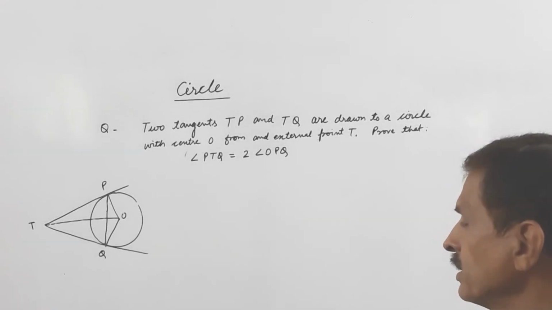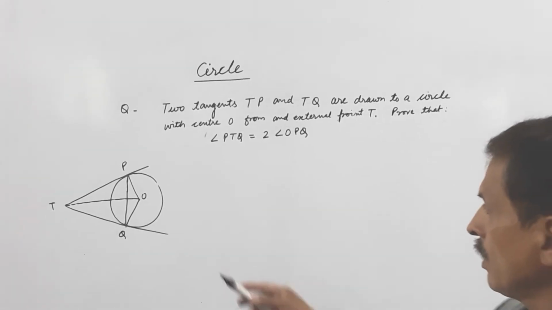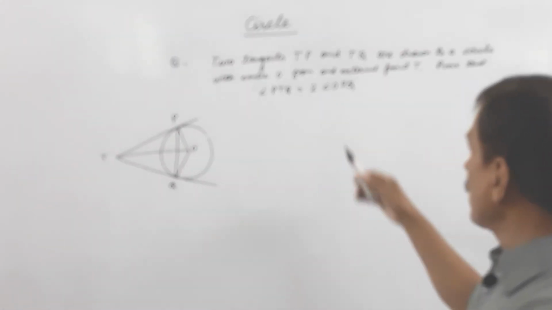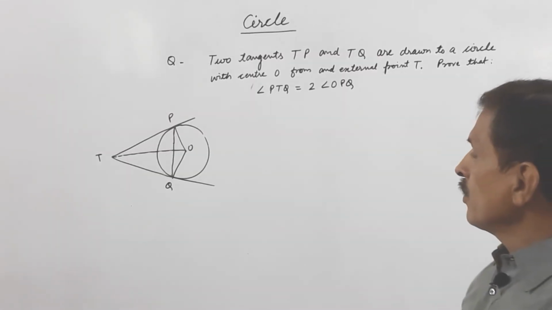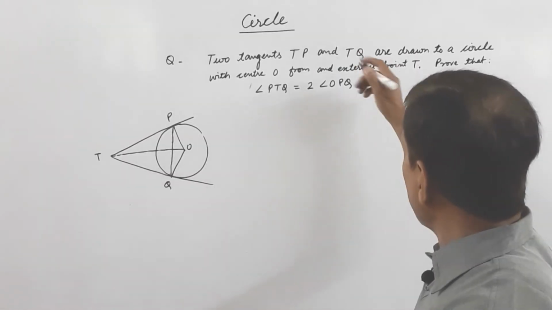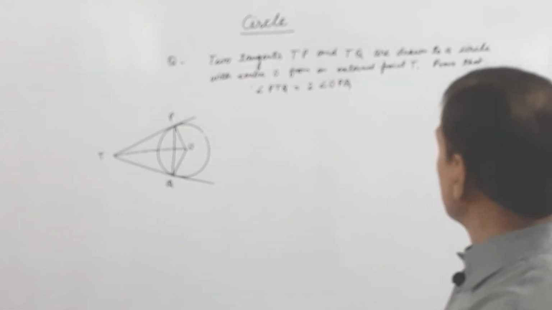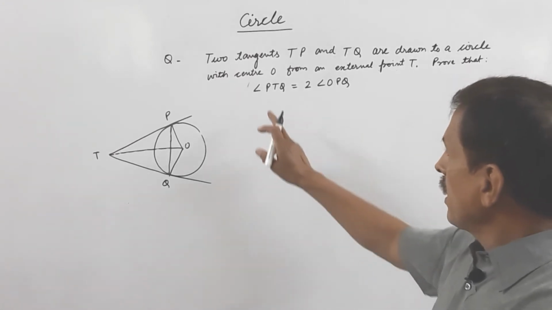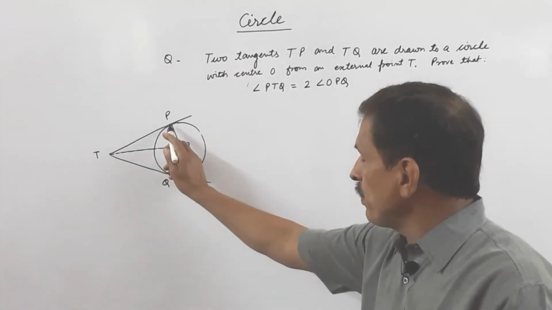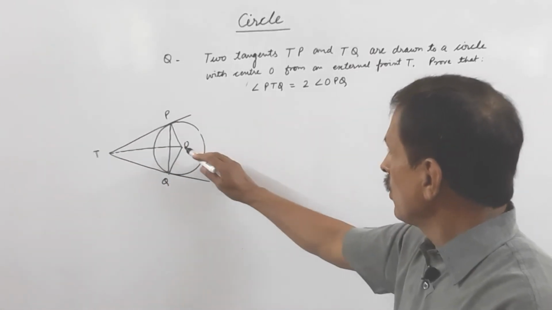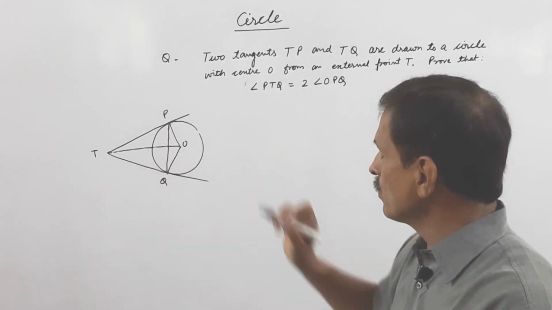In the next question, two tangents TP and TQ are drawn to a circle with center O from an external point T. Prove that angle PTQ is twice of angle OPQ.